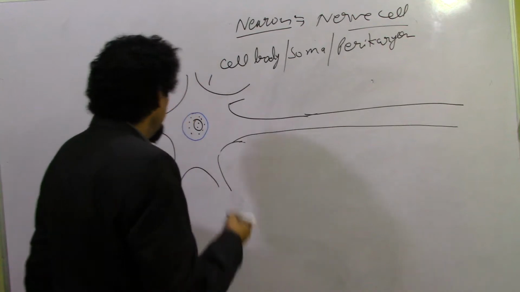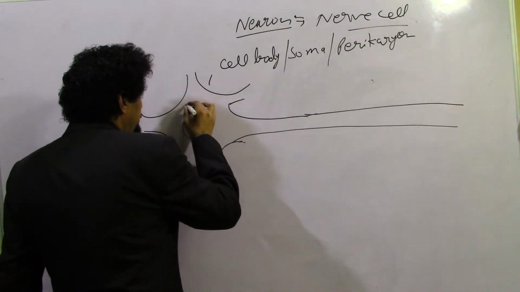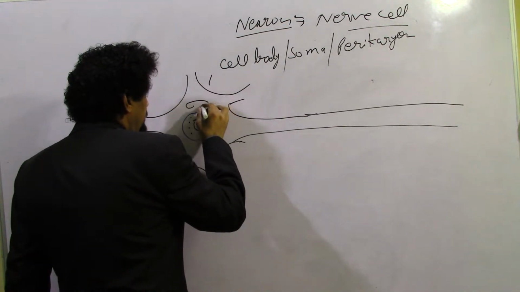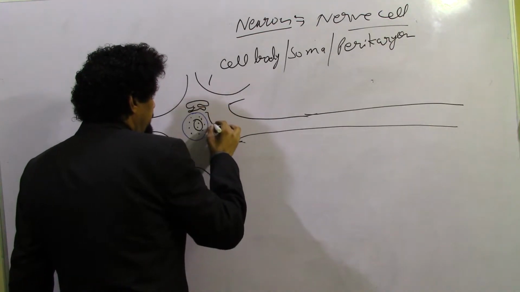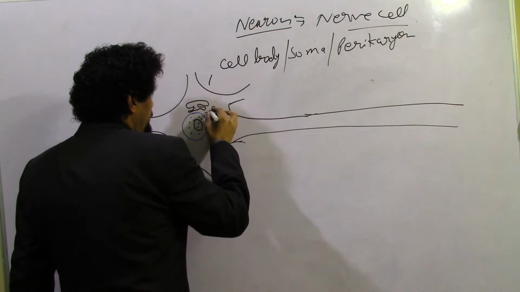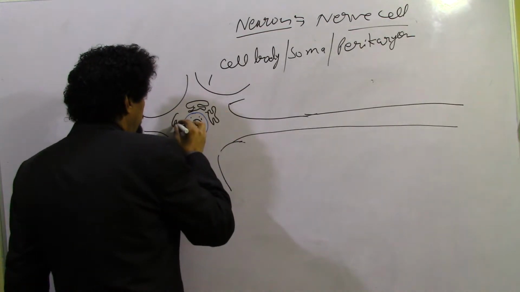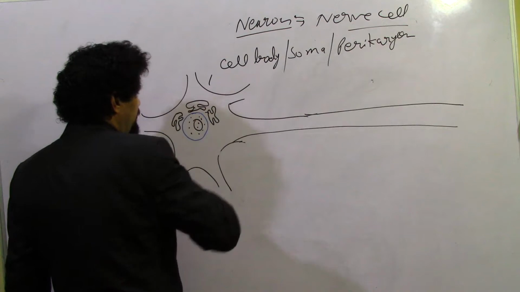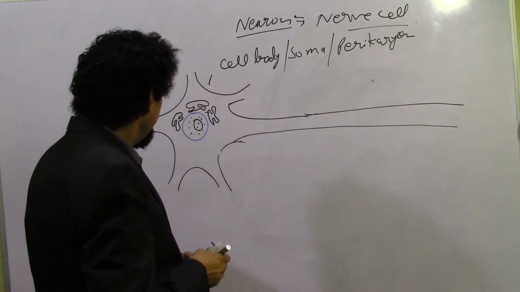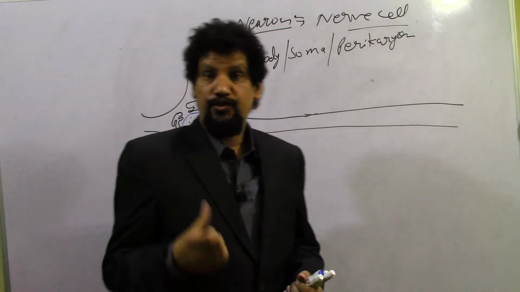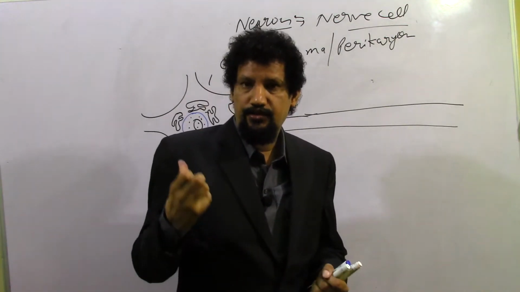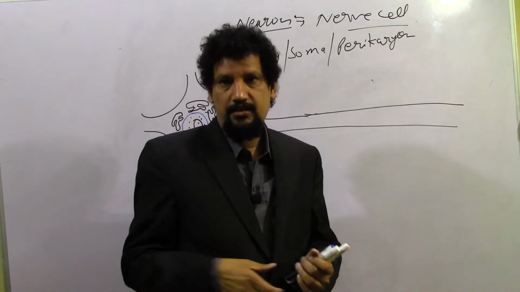These cells have Golgi apparatus near the nucleus for modification and packaging of the proteins, and they have a unique structure.